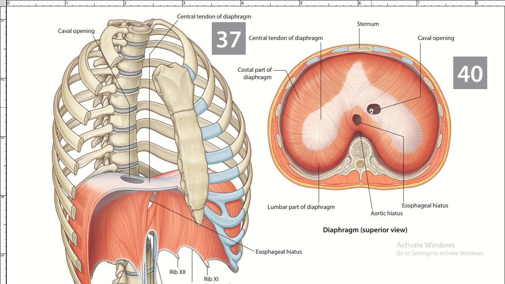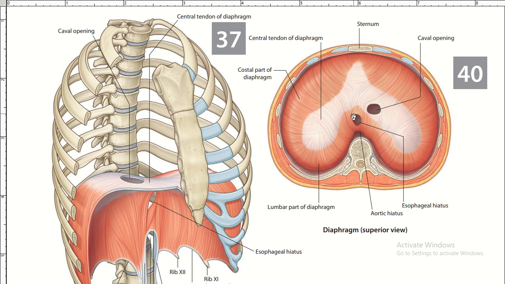This vena cava opening is at the level of T8. The esophageal hiatus, formed by the sling of the right crus, is going to be at the level of T10. So T8, T10, T12. T8 here, right?